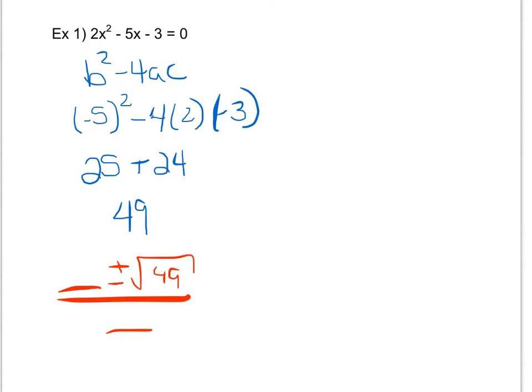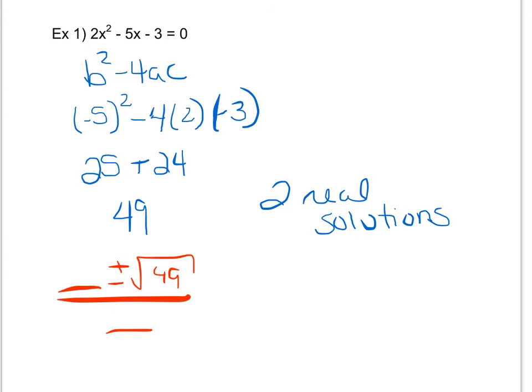I know it's going to be real because 49 is a positive number under a radical, and I only get imaginary numbers if I have a negative under a radical. My second solution is going to come from taking this something and subtracting the square root of 49, then dividing by this. Again, I know it's still going to be real because I have that positive number under the radical. So from my discriminant, I'm able to predict that I will have 2 real solutions.